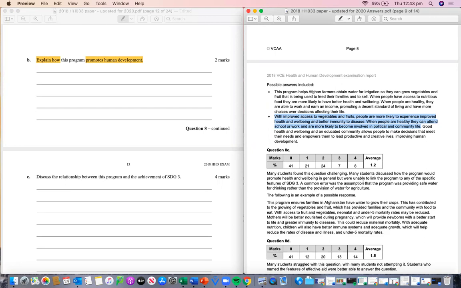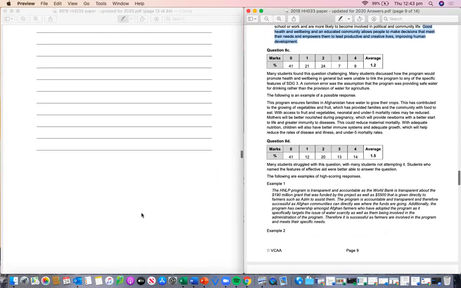So being able to provide more for the community, being more likely to attend school or work, and having more choice in their community and political life. And then the second mark came from how good health and well-being in an educated community allows people to make informed decisions that can empower them to lead productive and creative lives, and therefore improve human development, for the second mark.